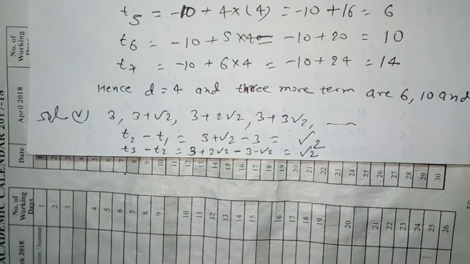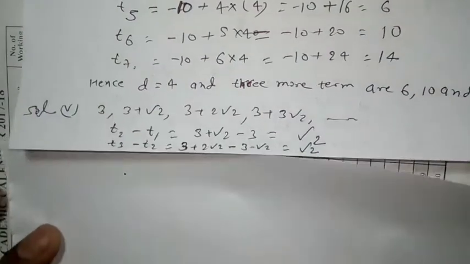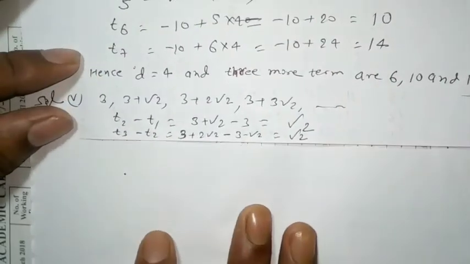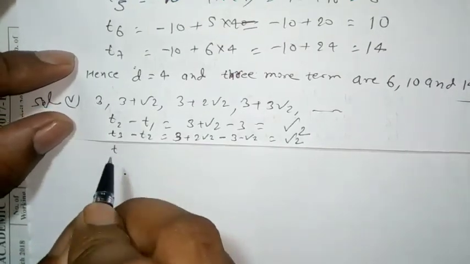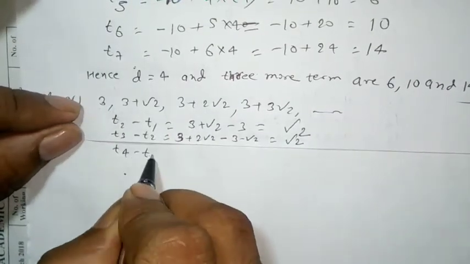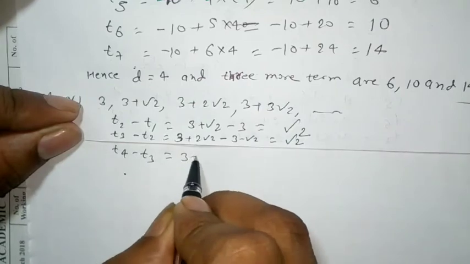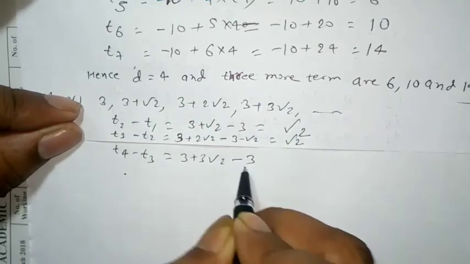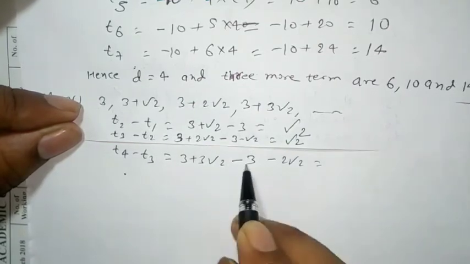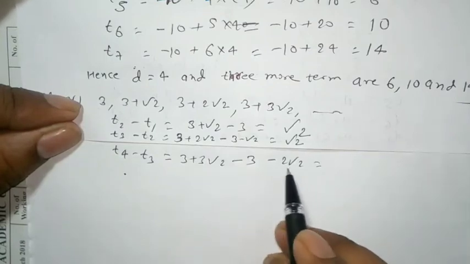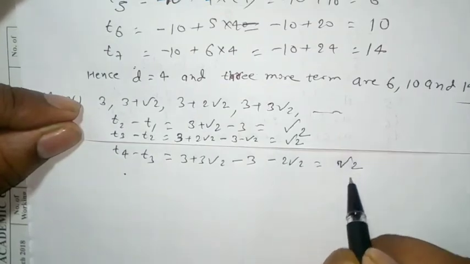Now T4 minus T3 is equal to 3 plus 3 root 2 minus 3 minus 2 root 2, the 3 cancels, 3 root 2 minus 2 root 2, equal to root 2.